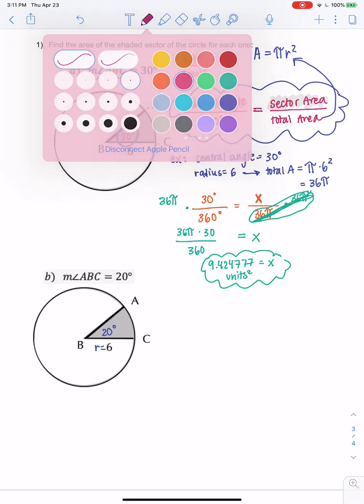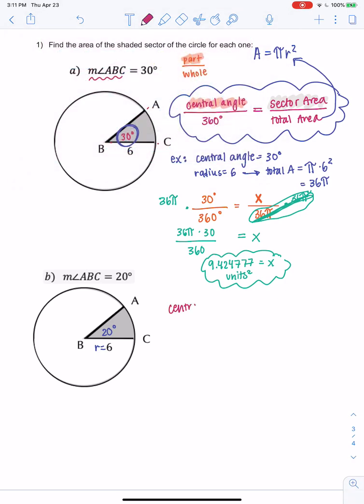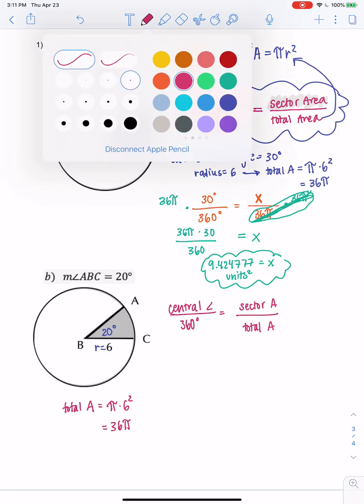We're going to use central angle over 360 is equal to sector area over total area, always. So we need to figure out our total area: pi times our radius, 6 squared, 36 pi. And we're going to fill these into our equation.